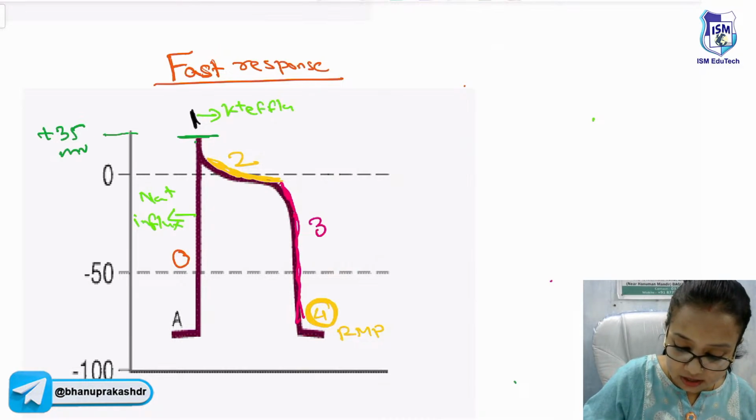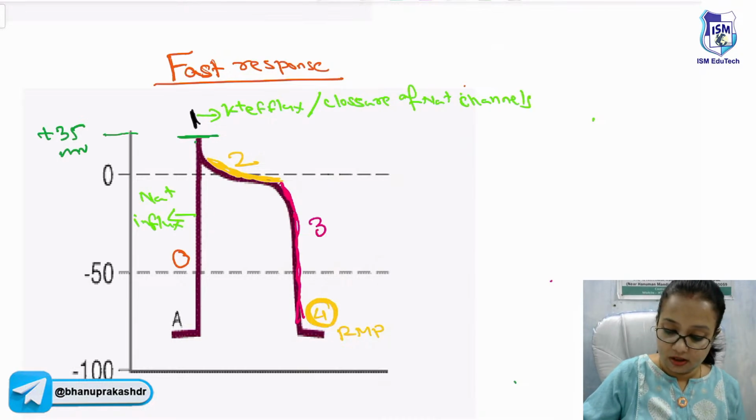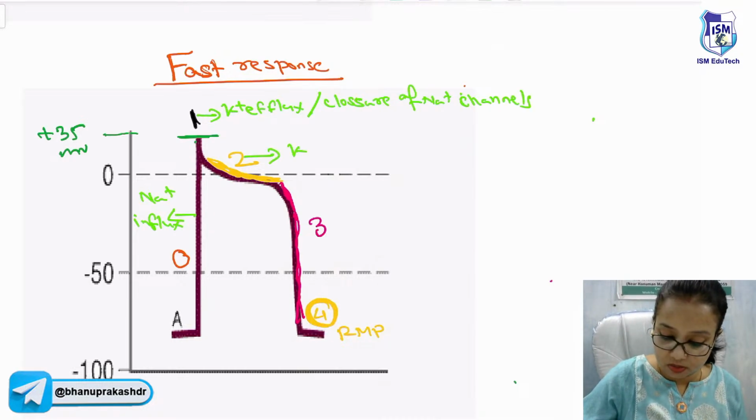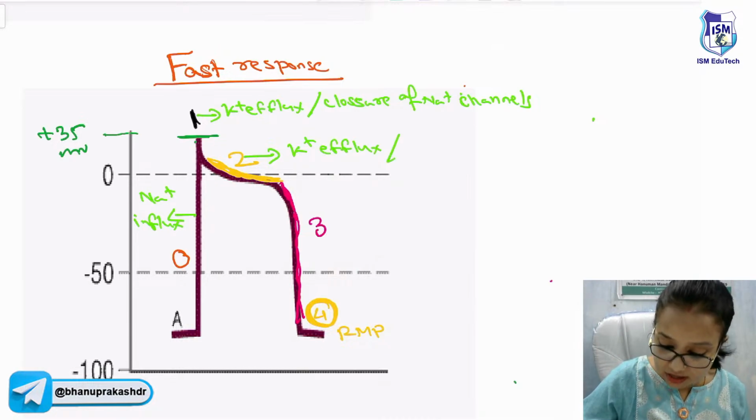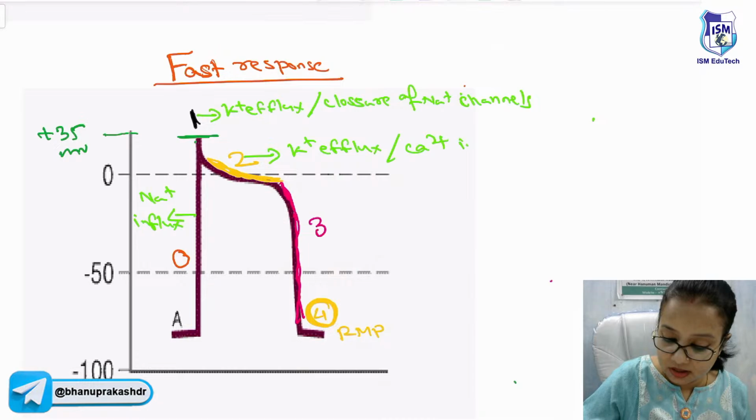Potassium efflux and closure of sodium channels. Second part, what happens? Potassium efflux and calcium influx.